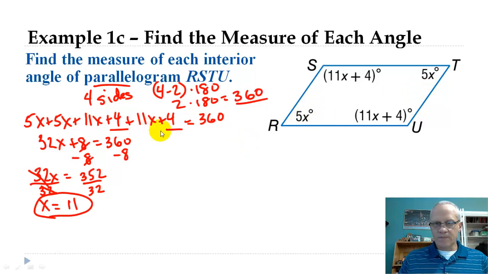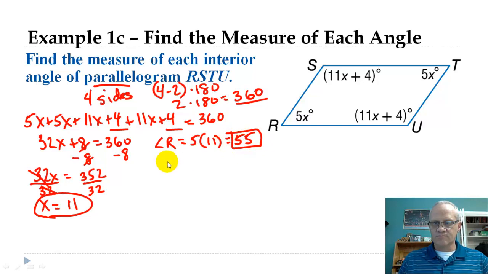So pretty quickly and easily here we can say, all right, let's start with the 5x's, right? Because those are easy. So angle R is just going to be what? 5 times 11, which is 55. Angle T, well, guess what? That's the same thing, so that will also be 55.